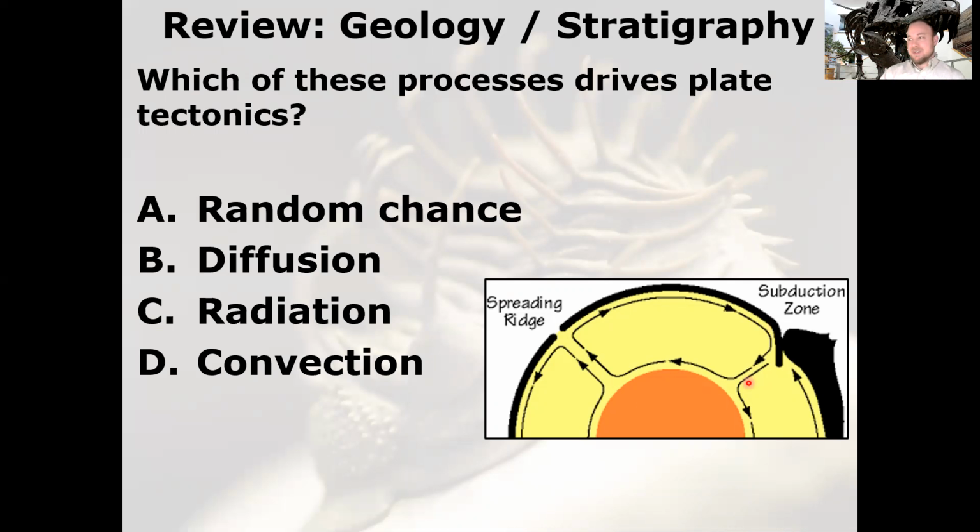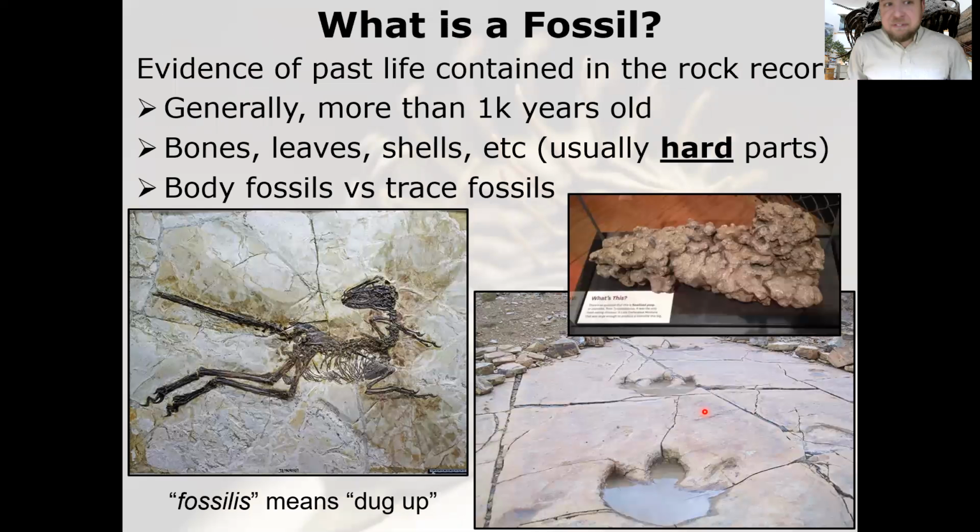And of course the answer is convection. So convection is what drives this. The hot mantle material heats up, becomes more buoyant, it rises, it pulls the plates apart, it cools, and it sinks. It heats up, it rises, it moves, it cools, it sinks. Convection cells.